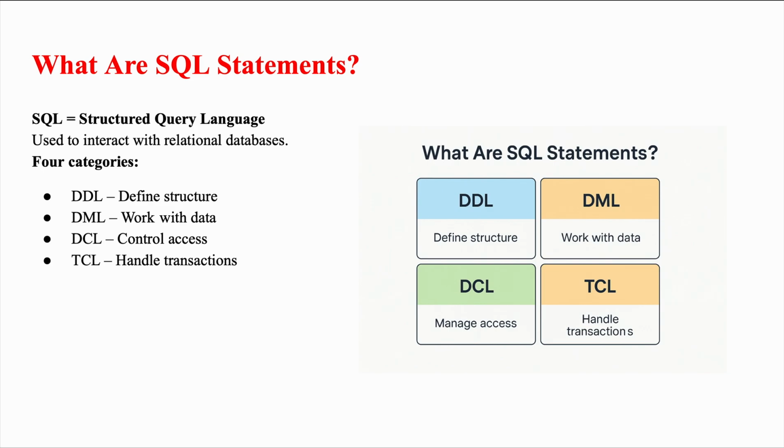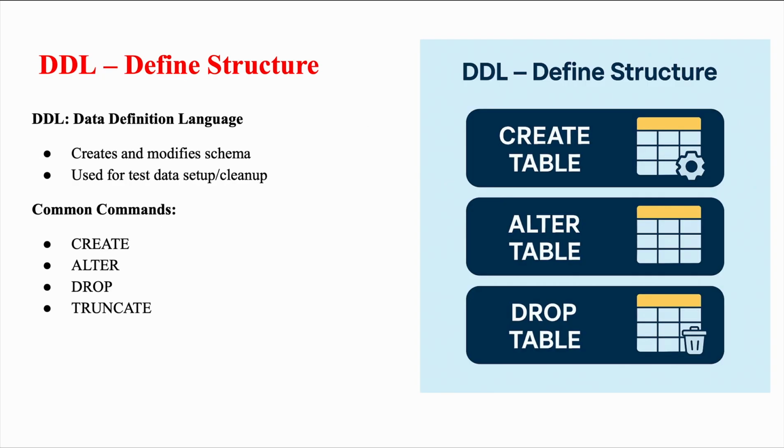SQL statements are grouped into four major categories: DDL, which helps us define the structure of a database; DML, used to work with the data itself by adding, modifying, or reading it; DCL, which controls users' access and permissions; and TCL, which helps manage multi step database transactions. Let's take a deeper look into each one of these, starting with DDL.